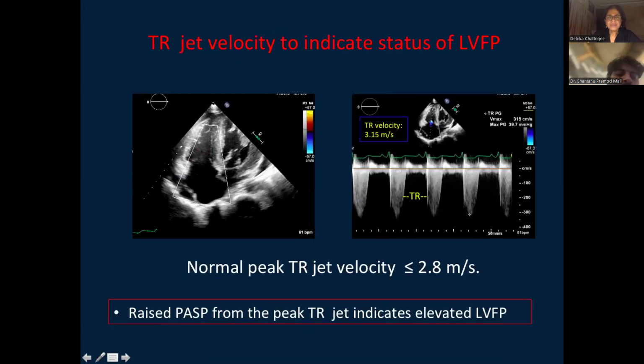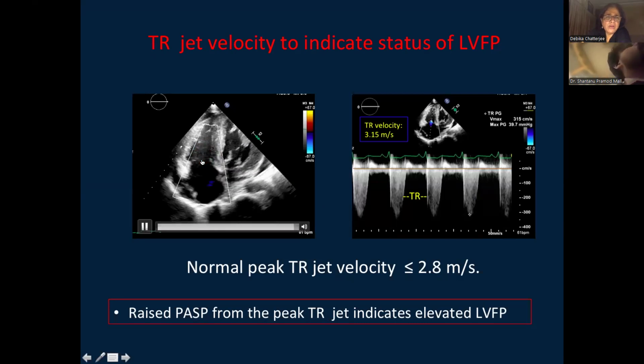Now, another criterion is looking for the tricuspid regurgitation jet velocity to indicate the status of LV filling pressure. Here you see there is a small tricuspid valve regurgitation. This is the RV modified view.